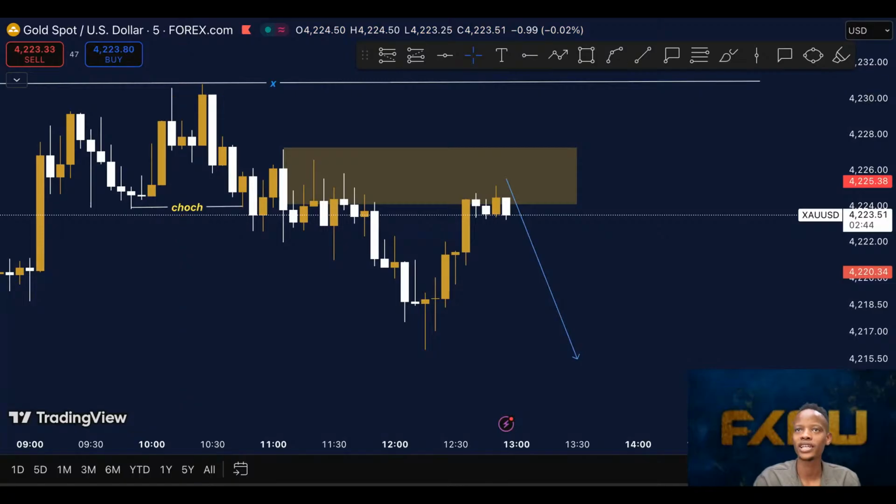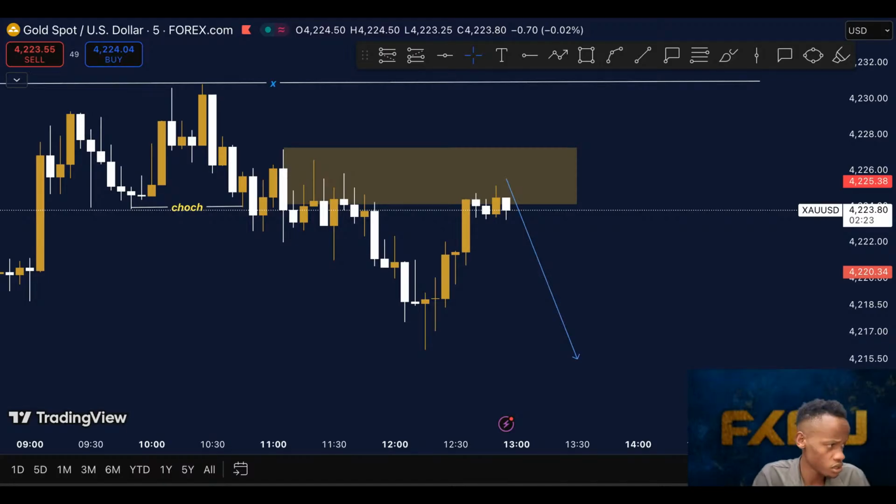Once again, this is not trading advice. This is not financial advice. It's just for educational purposes, for you to learn how to place trades, how to approach analyzing, how to compose yourself if you've entered a trade, and the psychology you need. That's what we're always preaching.